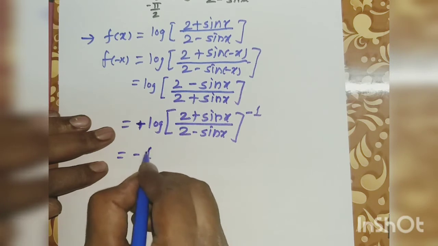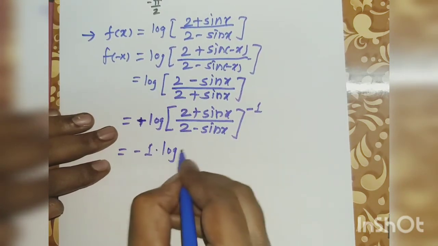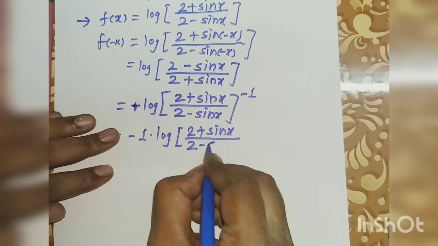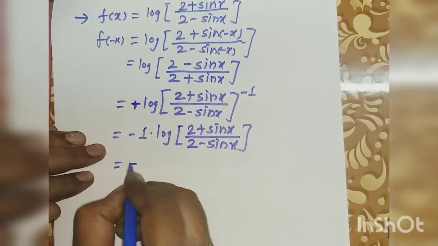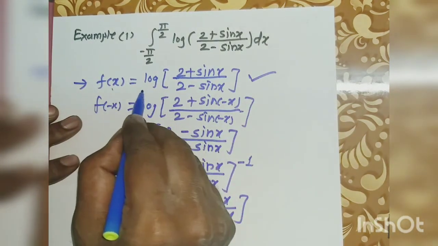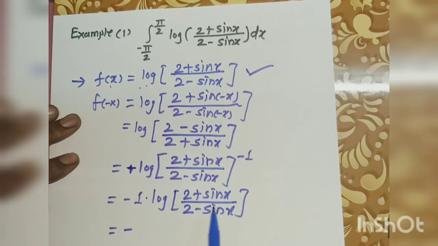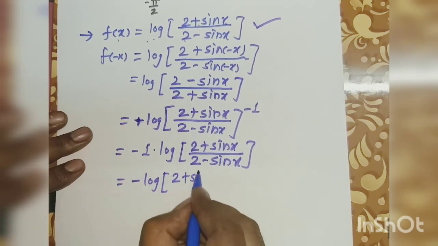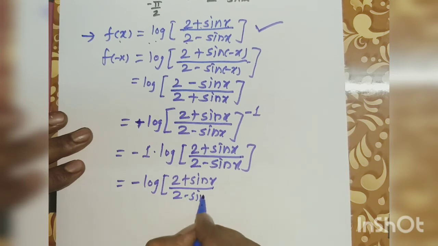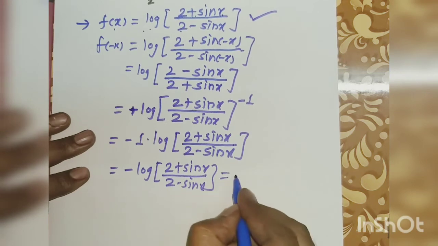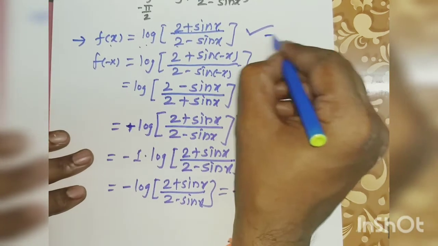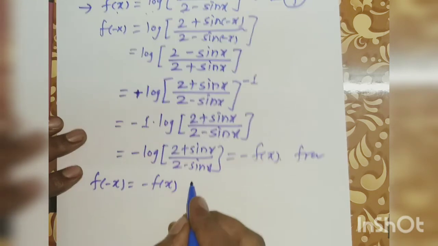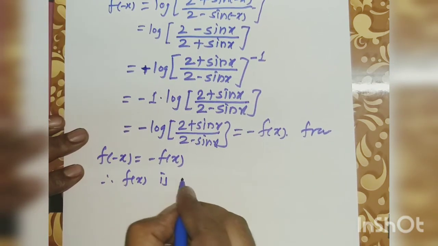And this minus 1, by the rule of logarithm, is minus 1 into log of (2 plus sin x) divided by (2 minus sin x), which is equal to minus f(x). So f(minus x) is equal to minus f(x), therefore f(x) is an odd function.